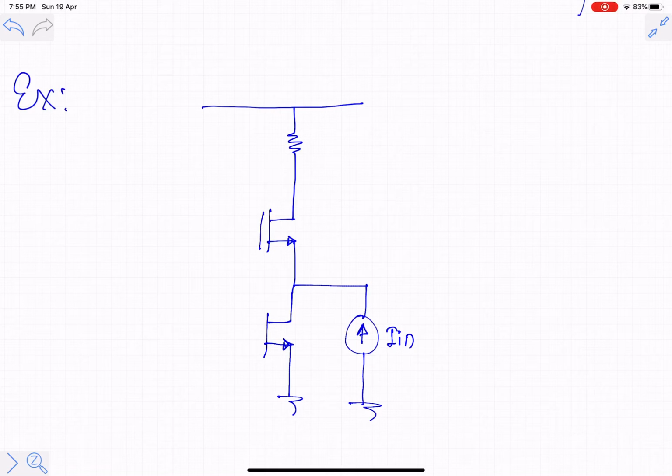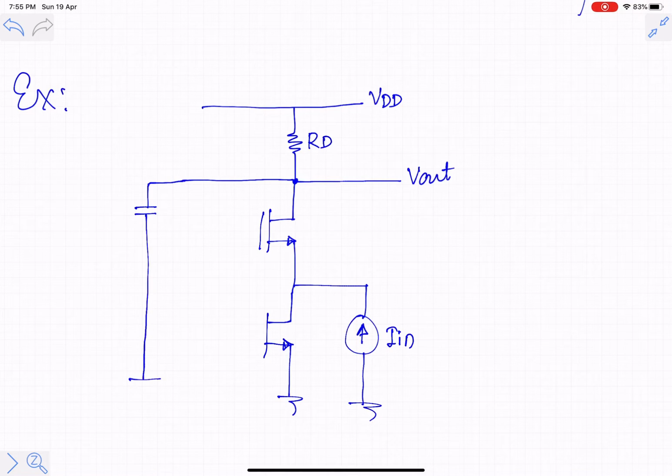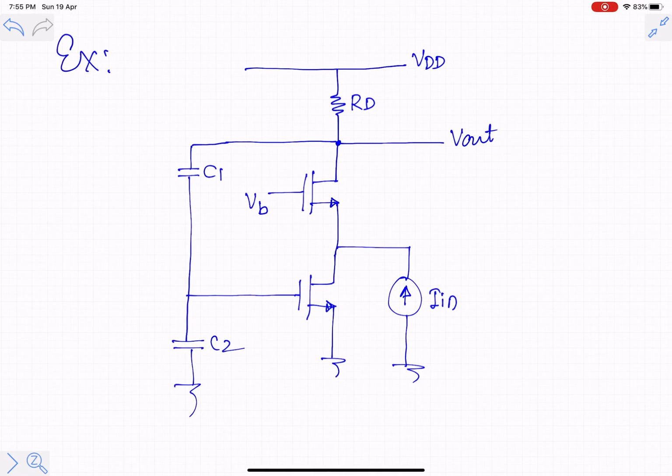Output is taken from this point, which is output voltage V out. This is VDD, this is RD. We have the capacitances which form the feedback network. It consists of C1 and C2. This is connected to VB. So C1 and C2 form a voltage divider. M1, C1 and C2 form the feedback network.